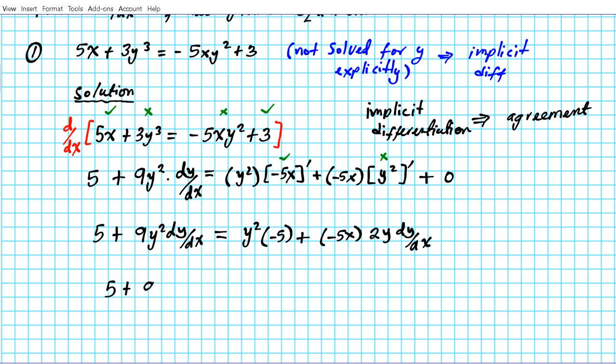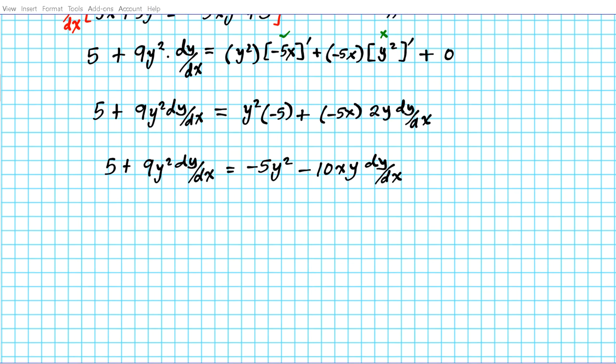So 5 plus 9y squared dy/dx equals negative 5y squared minus 10xy dy/dx. All right, so what we're going to do now is collect all the terms with the dy/dx component to the left side and everything else on the right, okay?